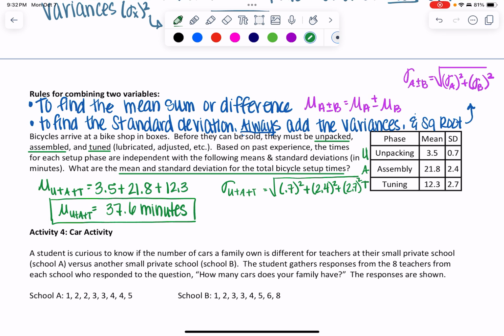I'm going to type that in the calculator just like it looks. And I get that the standard deviation of U plus A plus T is 3.80 minutes.